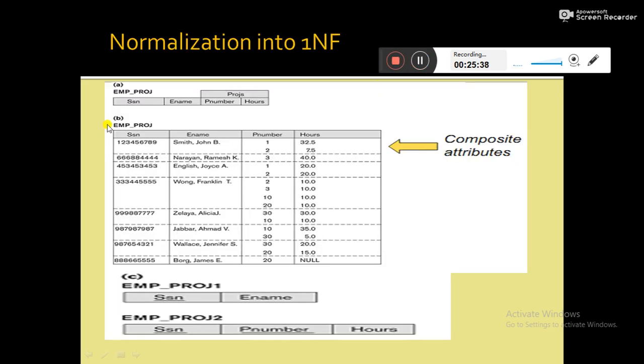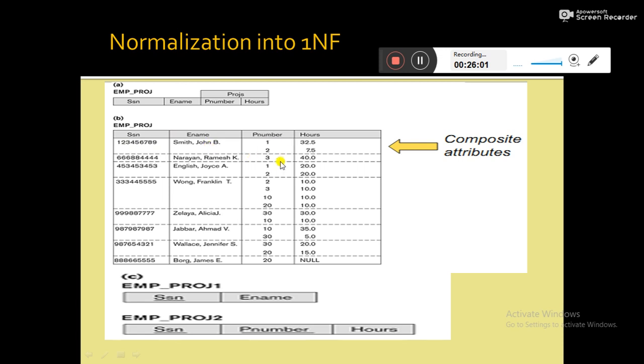Let's take another example. Suppose the relation is EMP underscore PROJ with the attributes SSN, social security number, employee name, P number, the project number, and hours. And this is the data set. Suppose the SSN of a particular employee is 1, 2, 3, 4, 5, 6, 7, 8, 9, whose corresponding employee name is John Smith.